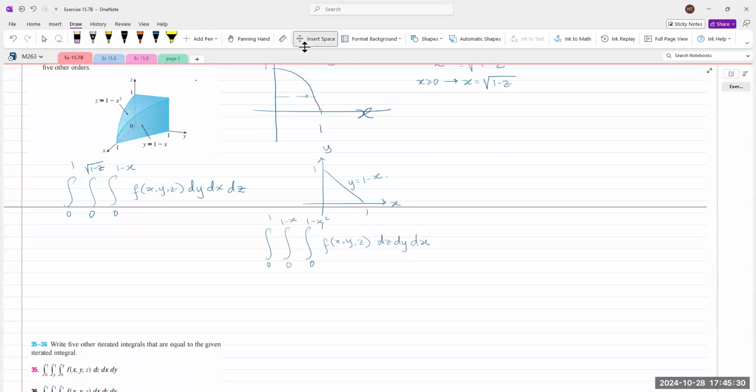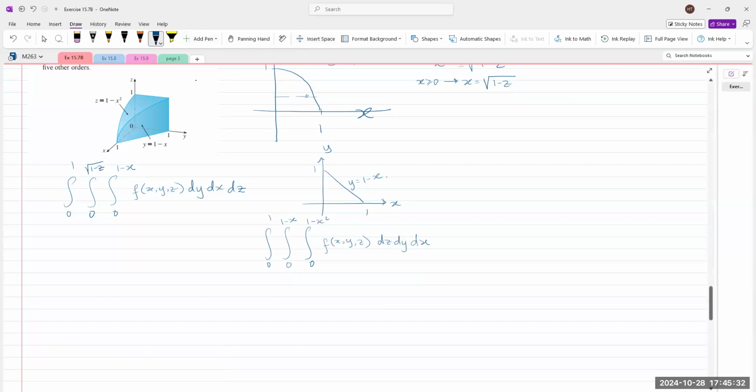Okay, likewise, if I reverse the outer two integrals of f x y z dz dx dy, the y will be from 0 to 1, x will be from 0 to 1 minus y, the z will be from 0 to 1 minus x squared. I think that part is still quite easy.